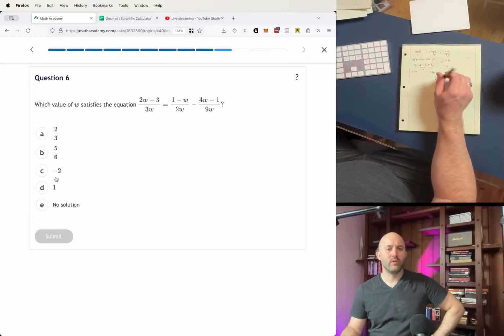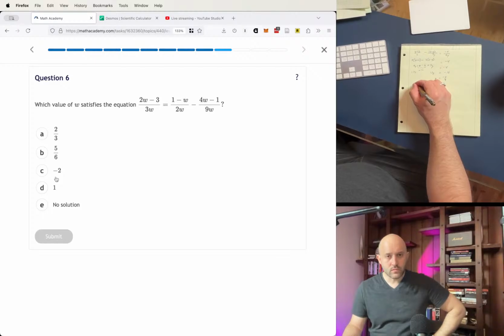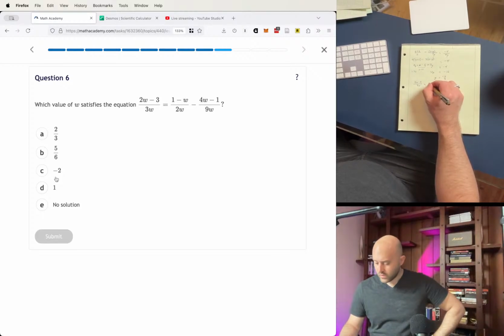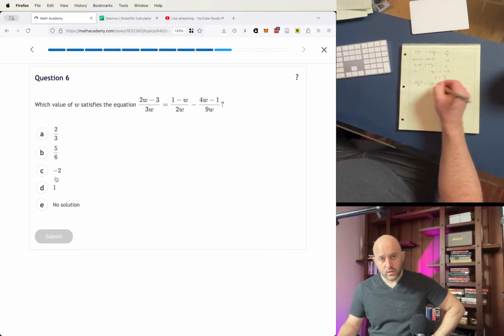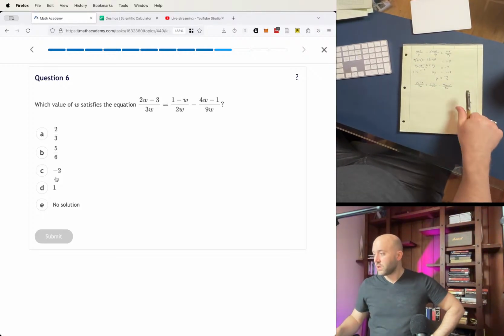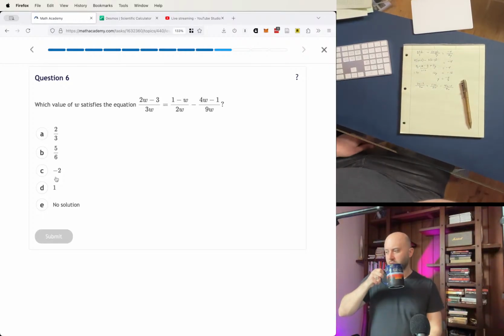Which value of w satisfies this equation? (2w minus 3) on 3w equals (1 minus w) on 2w minus (4w minus 1) on 9w. Alright, Jonathan, let's think about this.